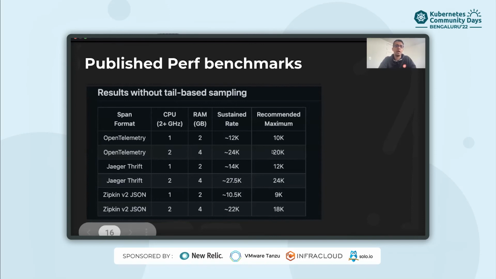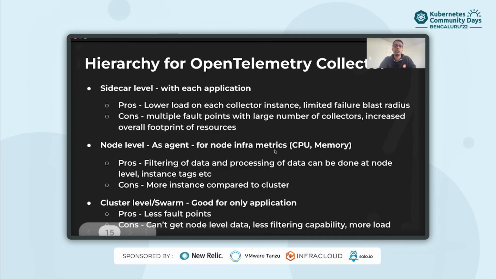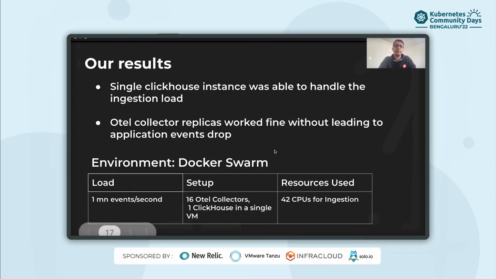So to send around 1 million events per second, you would have to run around 50 replicas. In our experience, we found that 16 or 10 collectors were able to handle that scale. That's around 50 to 60,000 events each, but that also depends upon the number of events you are sending, and maybe also the type of the events.